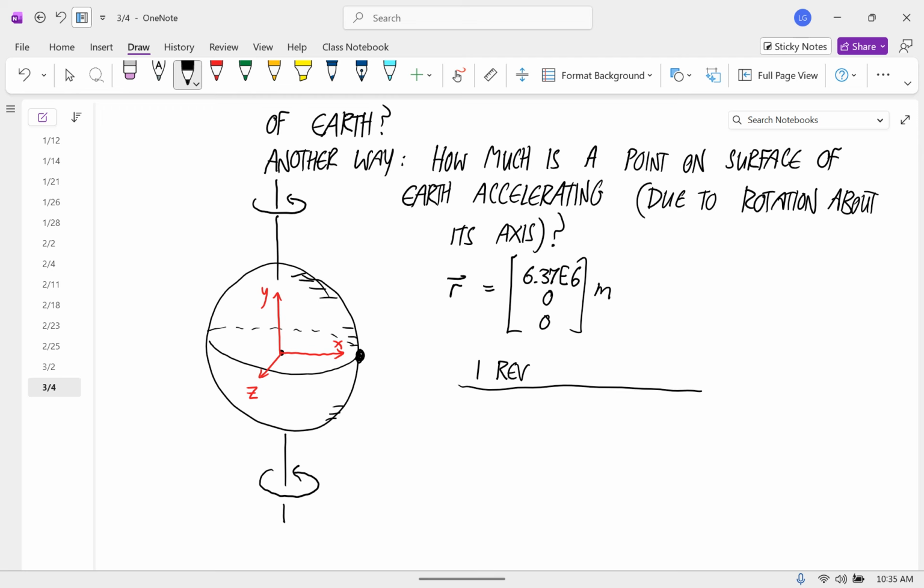I'm going to just do this as a unit conversion, and we want to put this into SI units. One revolution is 2 pi radians. 24 hours, we don't need 24. 1 hour is 60 minutes. And 1 minute is 60 seconds.